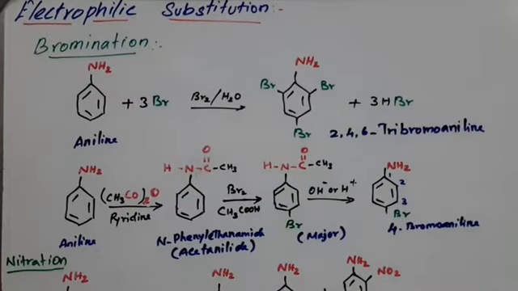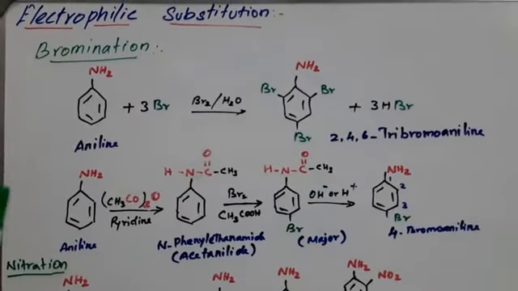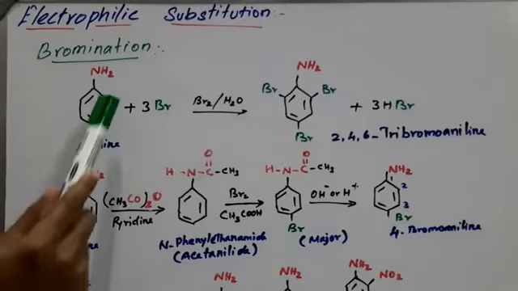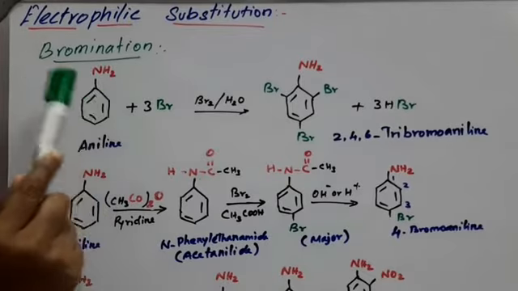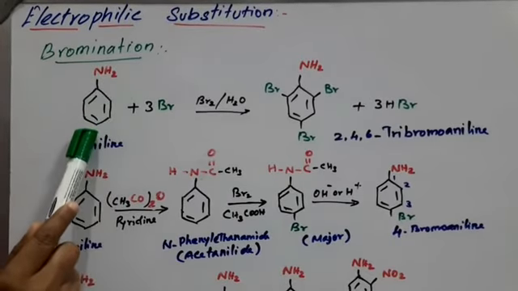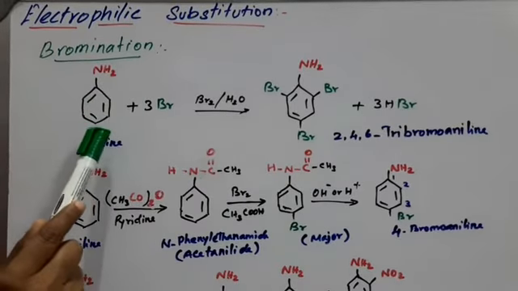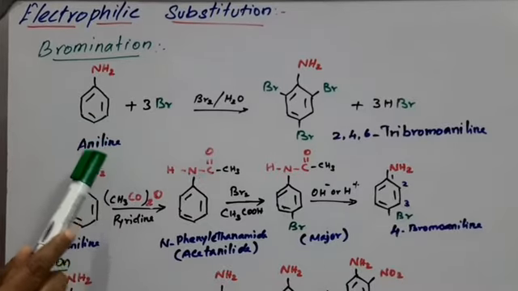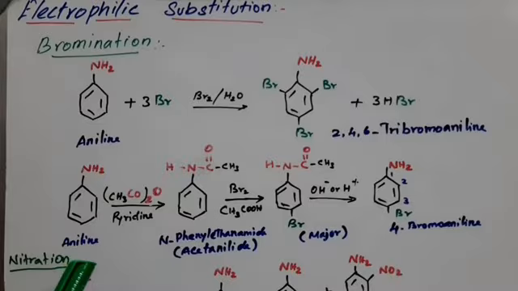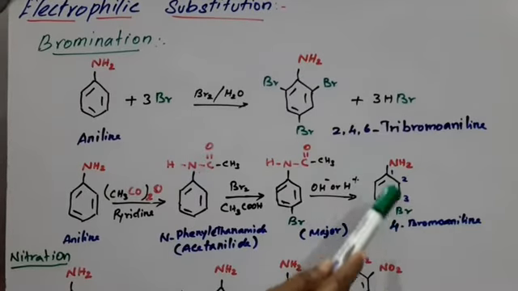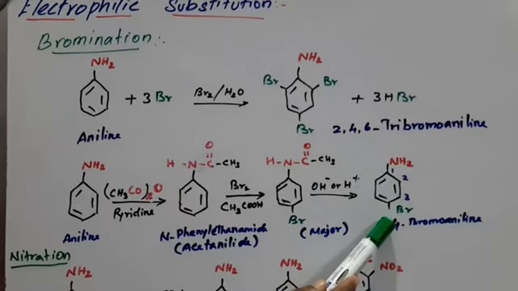Usually the NH2 group is a powerful activating group and also ortho-para directing, and it undergoes resonance structures. Suppose we are going to prepare mono-substituted aniline derivatives.